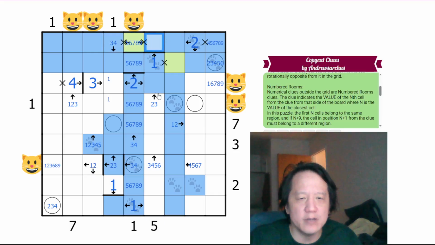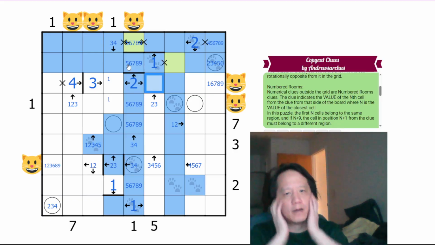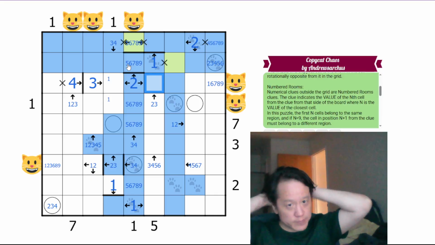We can't have a 1 there anyways because of 1 in the column.